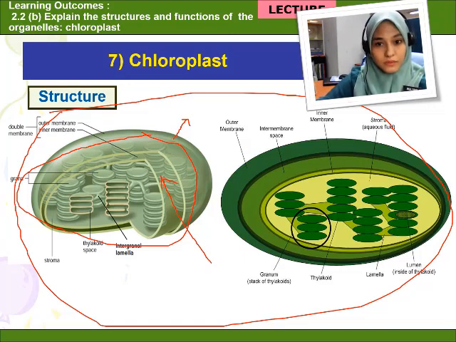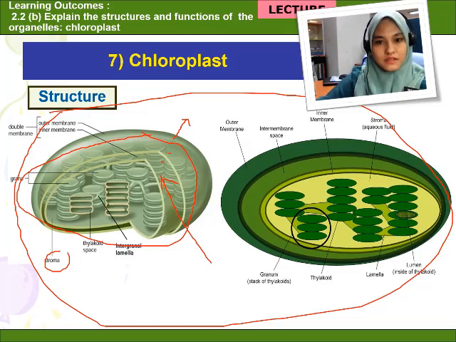So what is stroma? Stroma is here. It contains bacteria-like DNA and ribosomes to synthesize its own protein and enzymes, similar to the mitochondria. These are involved in the Calvin cycle, which differs from the mitochondria, which is involved in the Krebs cycle. The space between the outer and inner membrane is called the intermembrane space.